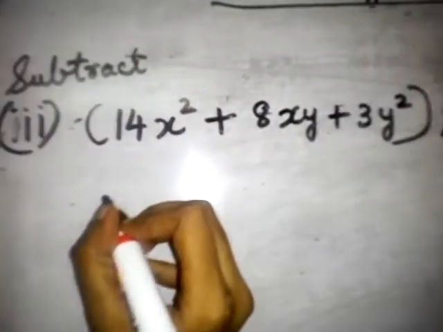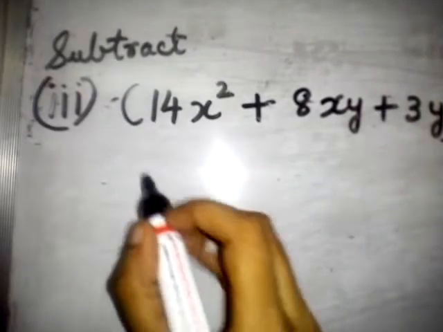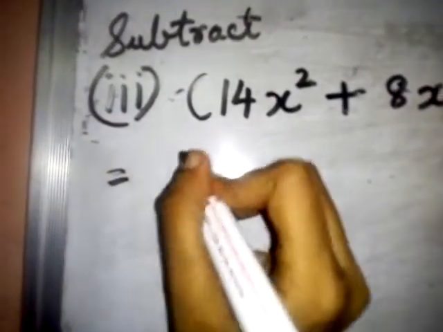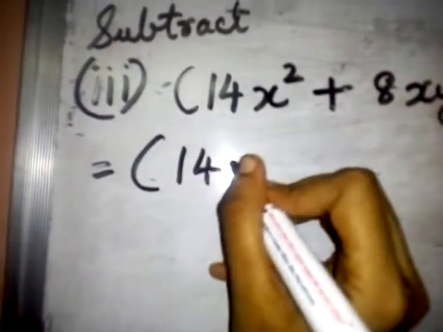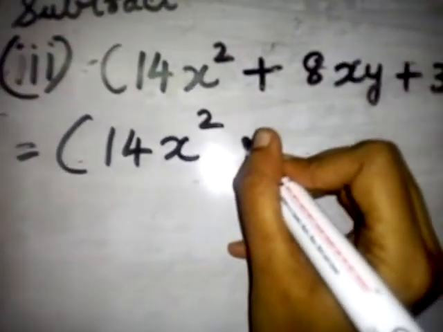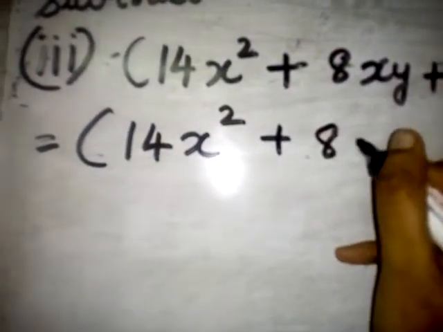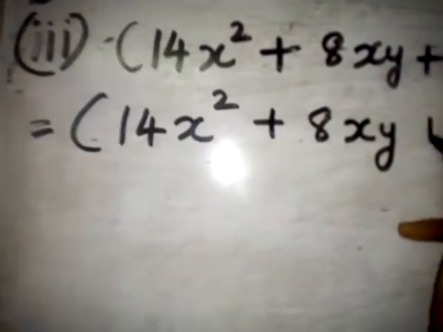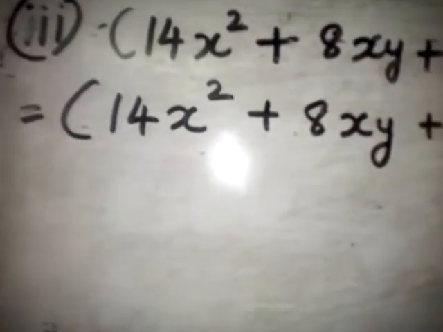Now write this in bracket form, again in subtraction. 14x square plus 8xy plus 3y square, minus 26x square minus 8xy minus 17y square.